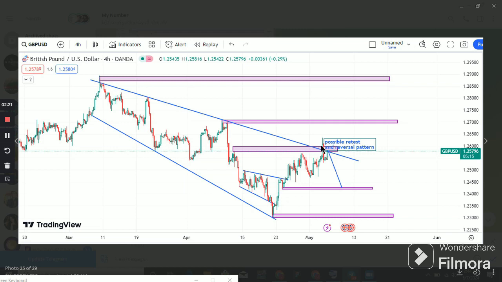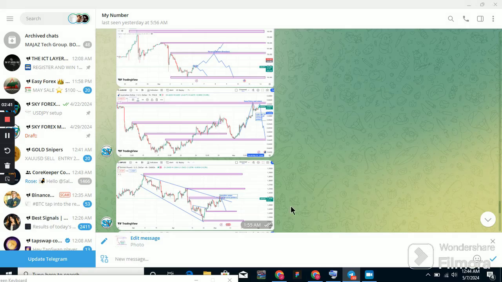So the next thing we were watching for was the pullback and then the movement back into the zone for the retest, and then a confirmation pattern to show us that the market is going for a sell back into that zone.